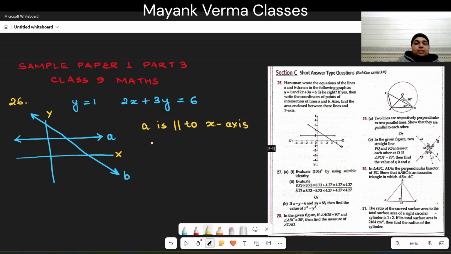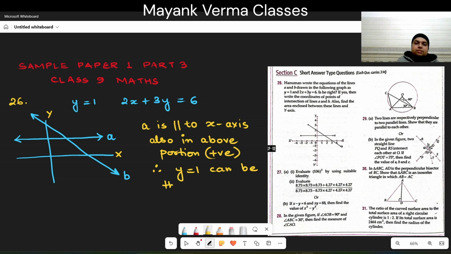It is in the above portion, or you can say the positive portion. So therefore, y is equal to 1 can be the equation of line A.